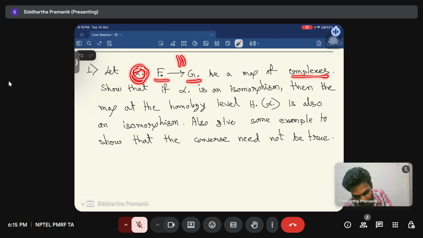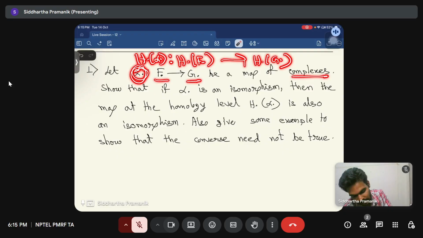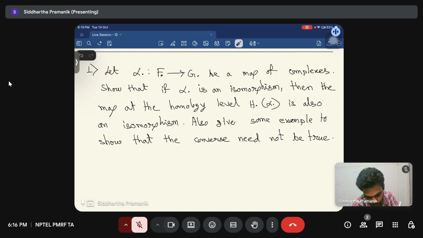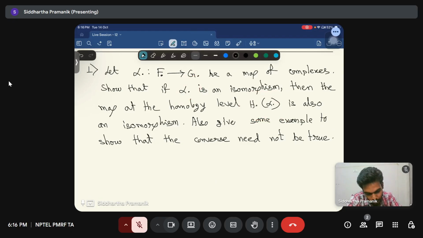So homology level of f to homology level of g, we will have a map which will be denoted by h of alpha. So then this map at the homology level will be an isomorphism if alpha itself is an isomorphism. But if h dot alpha is an isomorphism, then alpha need not be an isomorphism. So converse need not be true. So we have to prove that part.